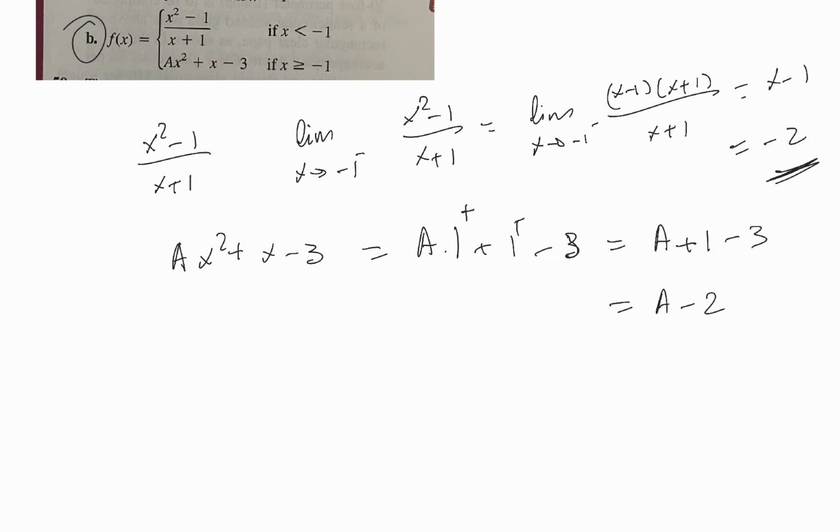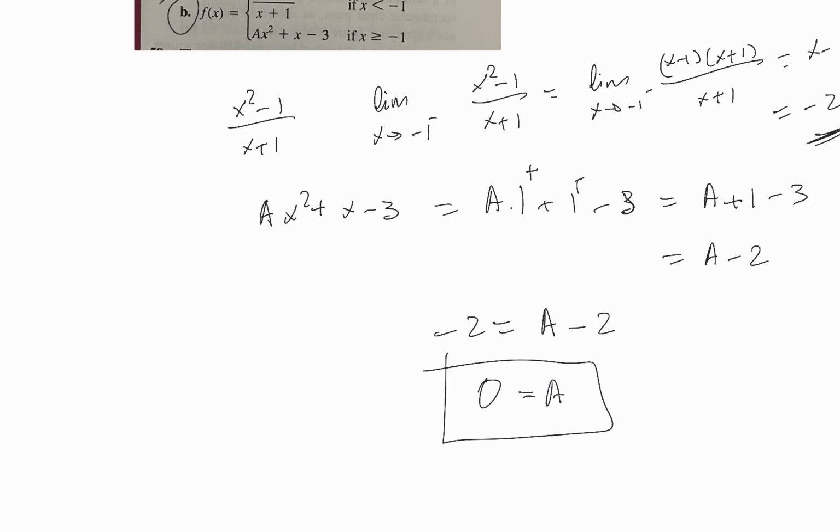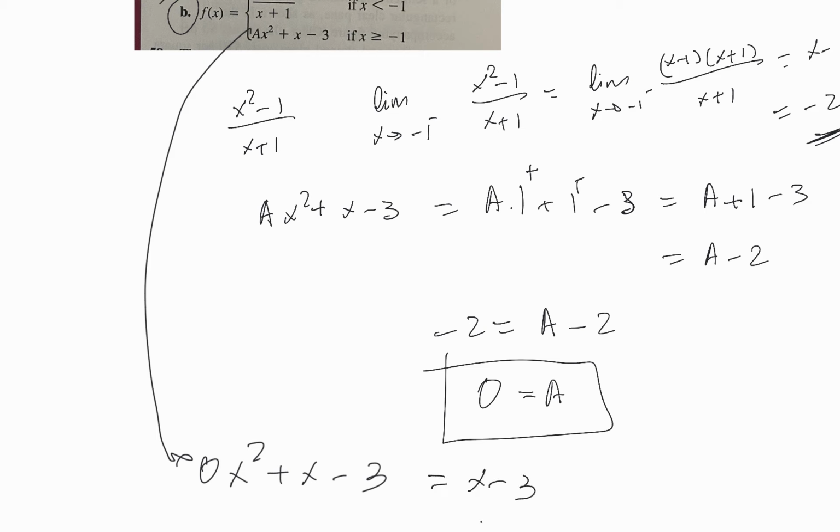A minus 2. So I want the two limits to coincide to make the function continuous. So I want minus 2 equal to a minus 2. So I want a equals 0. So the value of a should be 0 in ax squared plus x minus 3, or x minus 3.